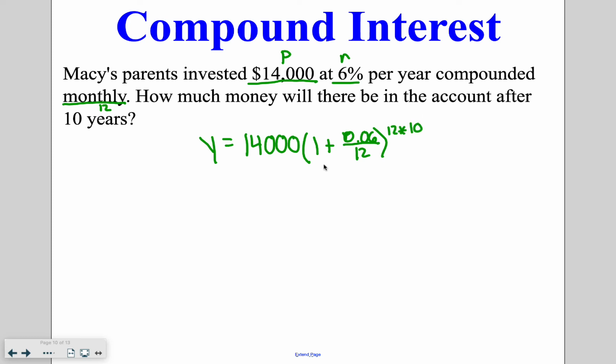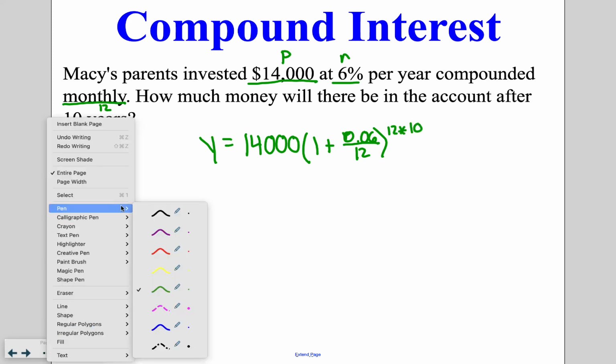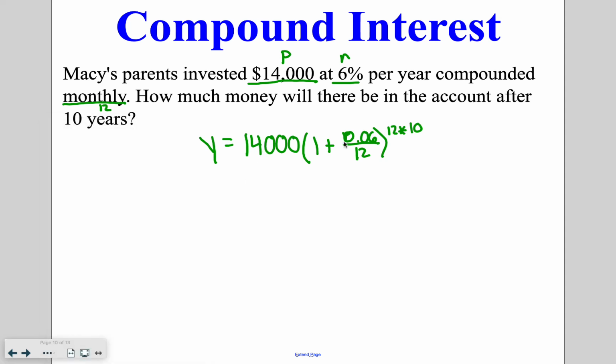Now, when you are typing this in the calculator, if you typed this in exactly as written, this exponent would not calculate correctly. Because there is multiplication in your exponent, you want to solve this before you plug it into the calculator. So what you should actually plug into your calculator is 14,000 times parentheses 1 plus 0.06 divided by 12, and then to the 120th power.